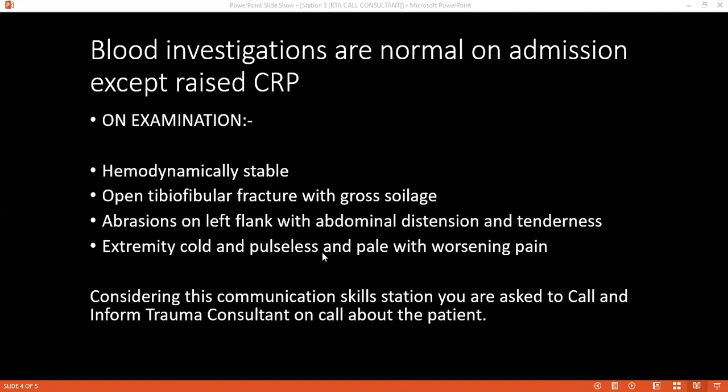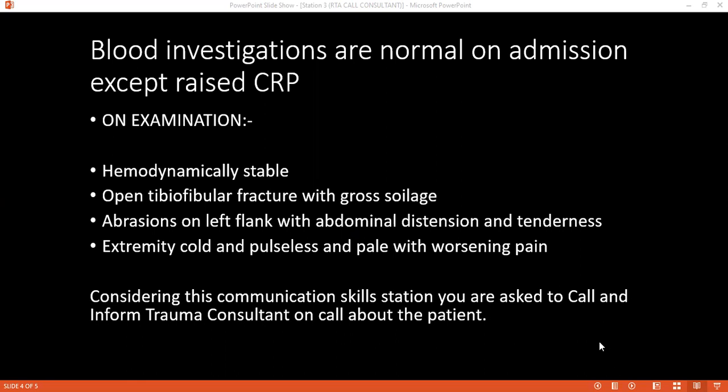The complications regarding the arterial injury and the compartment syndrome leading to permanent nerve damage and muscle damage, and in this scenario with the intra-abdominal collection, the suspected splenic injury can lead to post-splenectomy infection after surgery.